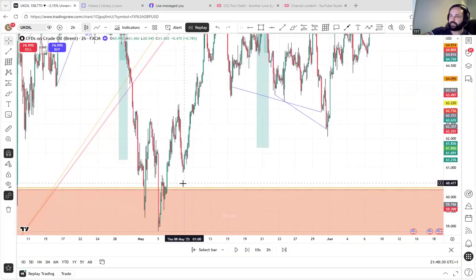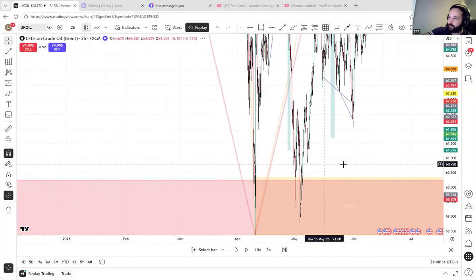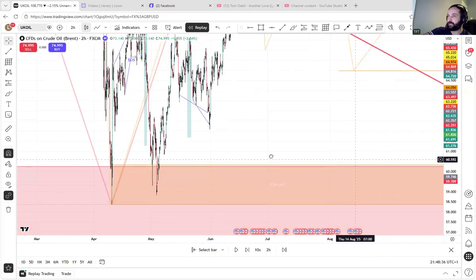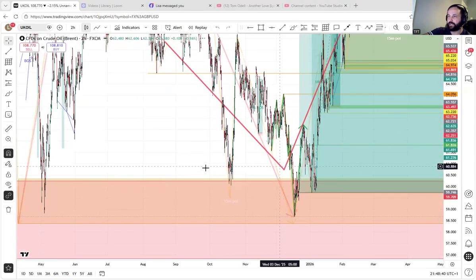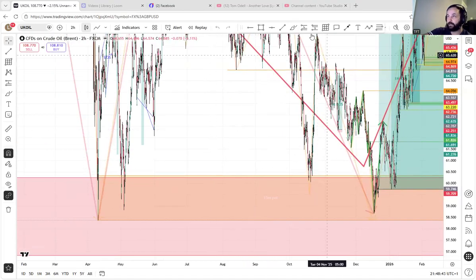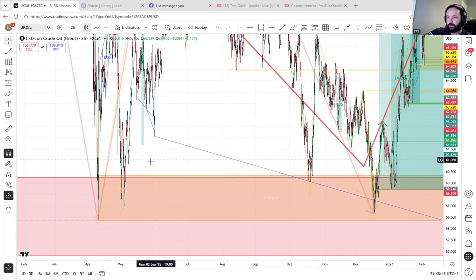So once it's come back, obviously, and filled the imbalance, it's probably created liquidity somewhere as well. I'm not going to spend ages and ages marking it, but there is probably a trend line somewhere. It could even be, not quite, not accurate enough.